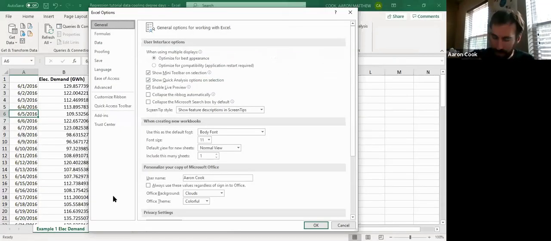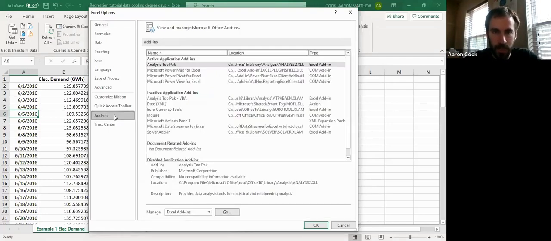In this Options window, the second from the bottom option on the left-hand menu is a bar called Add-ins. If you click on Add-ins, this will take you to some extensions that you can install in Excel, which will allow you to do some of these statistical analyses.